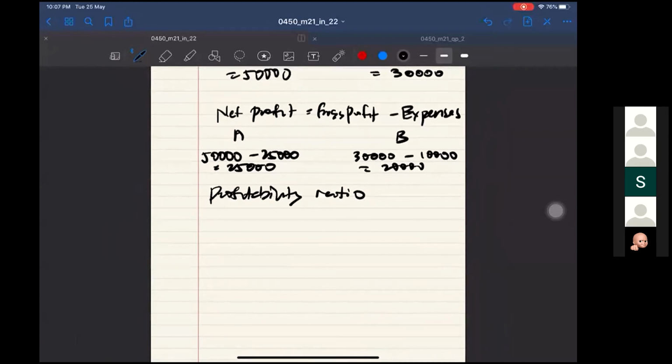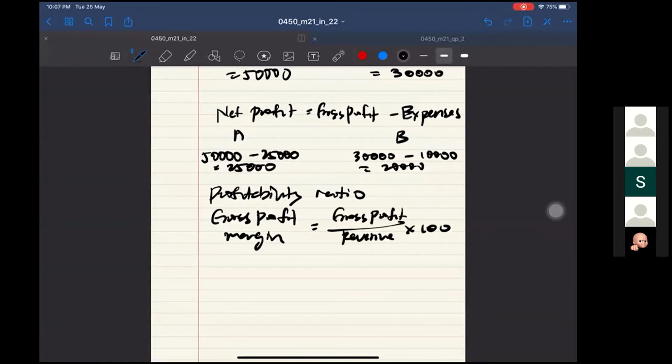Now, profitability ratio, we have two: gross profit margin and net profit margin. What is the formula for gross profit margin? Gross profit divided by revenue, then you times 100, because margin is measured in percentage.